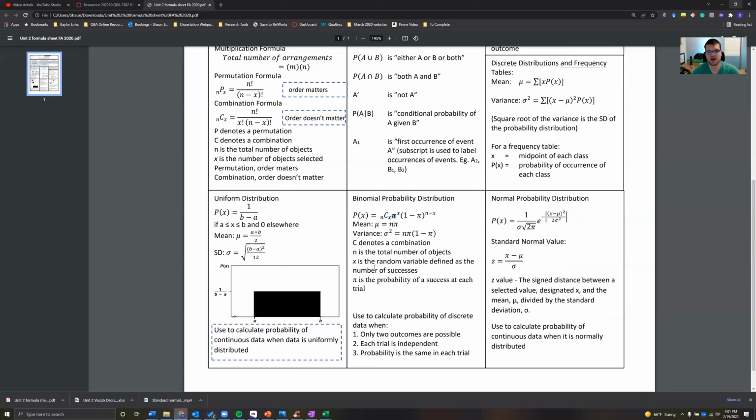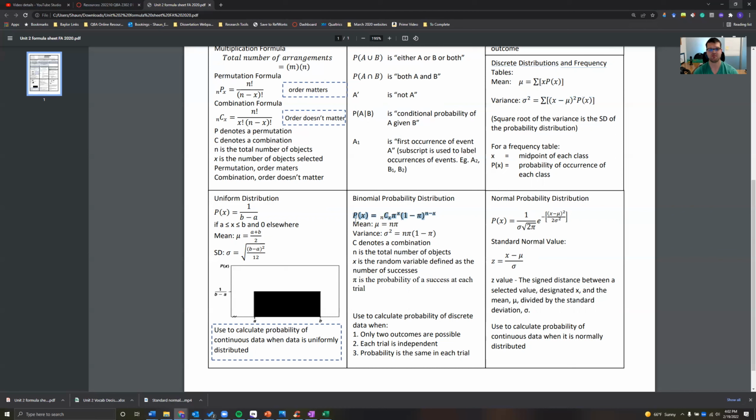And then X is the random variable, so the number of successes, multiplied by 1 minus the probability of occurrence, raised to the number of objects minus the number of successes. So you can do this, and by all means, feel free. Or I have an entire video that shows you how to do all of this in Excel, and in my opinion, it's much more effective, accurate. Everything about it is just better.